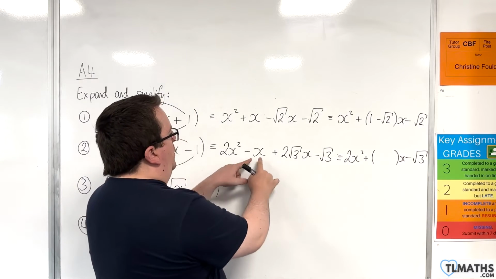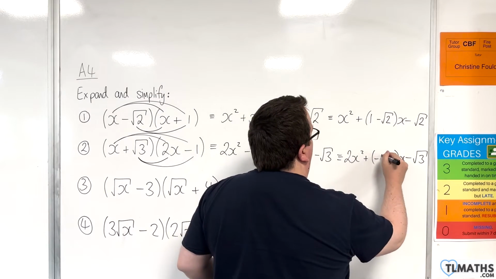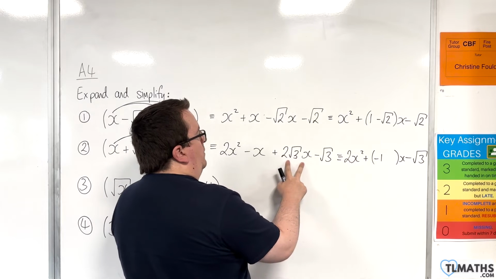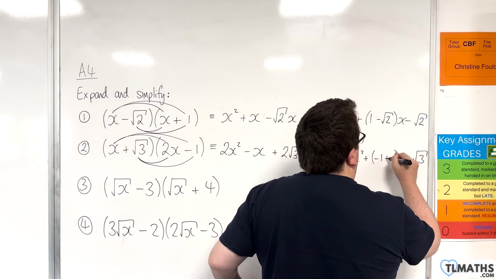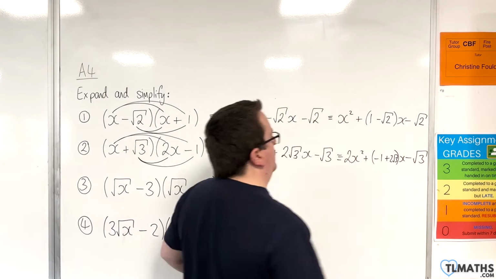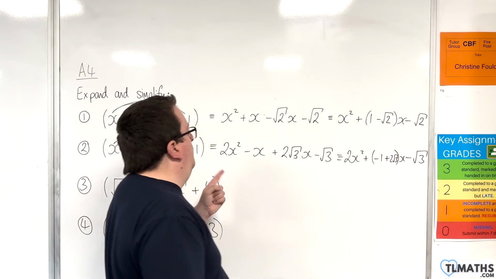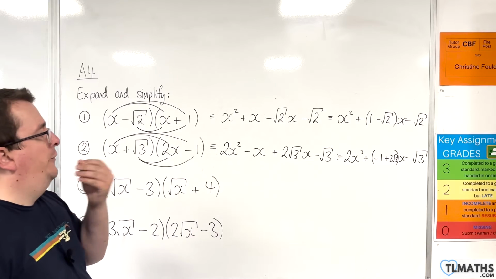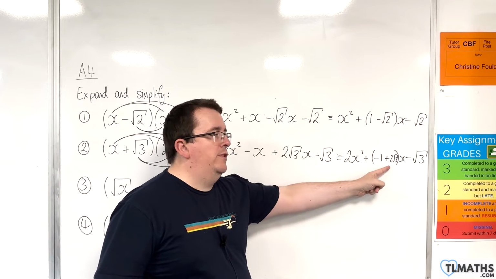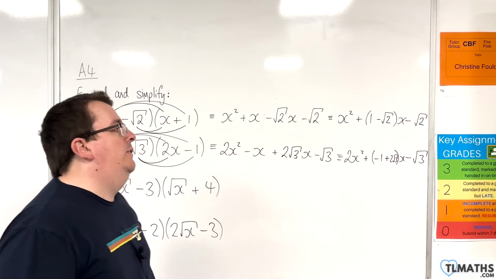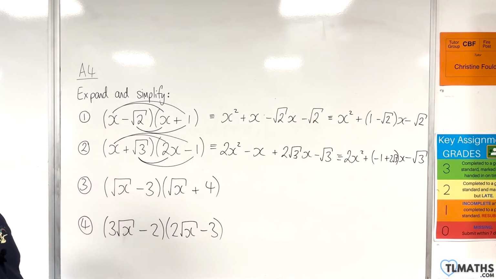So minus x divided by x is minus 1, and then 2 root 3x divided by x is plus 2 root 3. So we can write it in that neater form. Now the reason why I paused was because you might want to write it as 2 root 3 take away 1. It's really up to you, but that's perfectly fine.